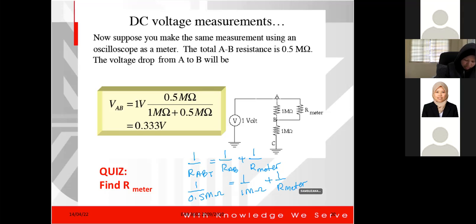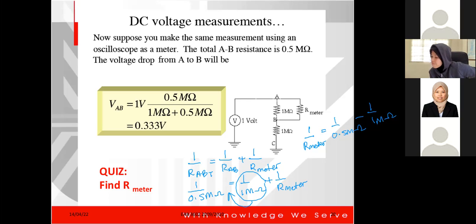So the rest is just do the math. Betul tak? So kita bawa ke sebelah, so 1 over R meter is equal to 1 over 0.5 mega ohm minus 1 over 1 mega ohm, betul? Betul.